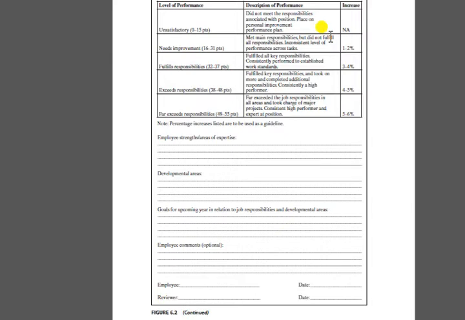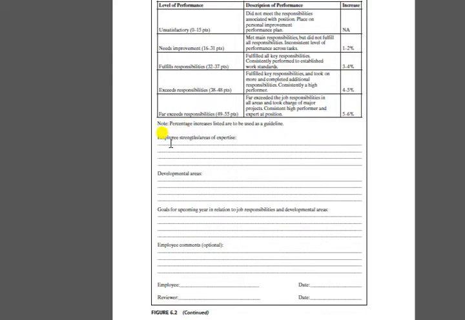So the main focus of that employee was personal improvement, which was not aligned with the organizational goals. Then if someone needs improvement, it means that they met main responsibilities but did not fulfill all responsibilities, and he or she has an inconsistent level of performance across tasks. So this is the description, and this is the increase in another column.